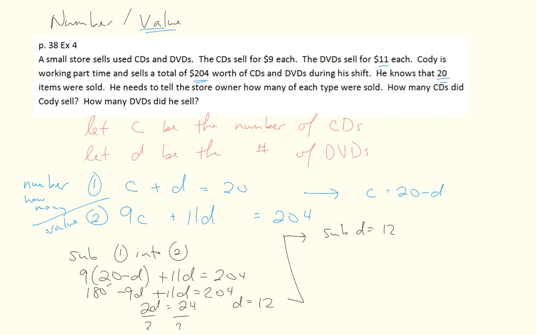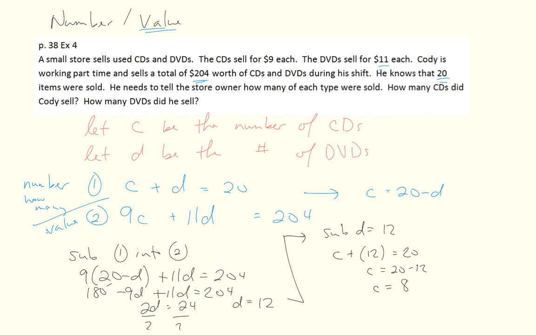If I made a mistake rearranging my equation and I sub my answer back in there, I'm not going to catch my mistake. But if I sub it back into the original, then I might catch a mistake I had made previously. So C plus 12 equals 20, C equals 20 minus 12, C equals 8.